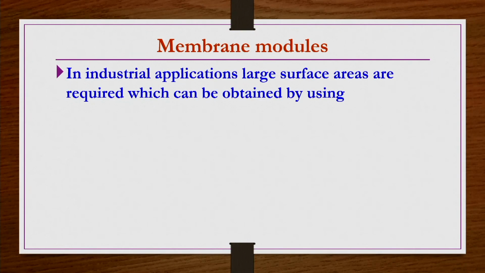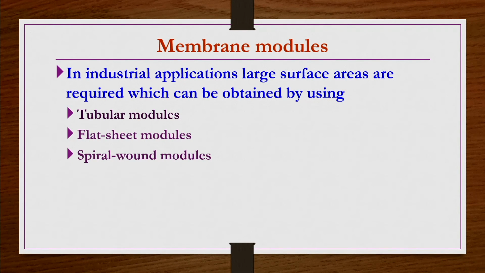So, what are those modules that we are going to discuss now? In industrial applications, large surface areas are required, which can be obtained by using tubular modules, flat sheet modules, spiral wound modules, and hollow fiber modules. We see a few details of each of these 4 modules now.